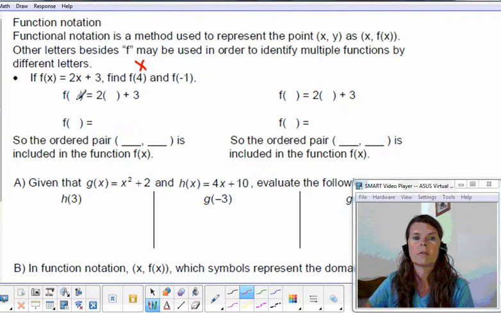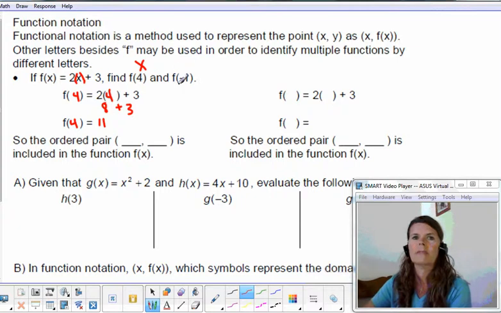Okay, so if we're going to find f of 4, and x is 4, we're just going to take out this x right here, and we're going to put in 4. 2 times 4 plus 3, so f of 4 equals 8 plus 3, which is 11. If I show good work, I'm a good math communicator, I would just write it like that.